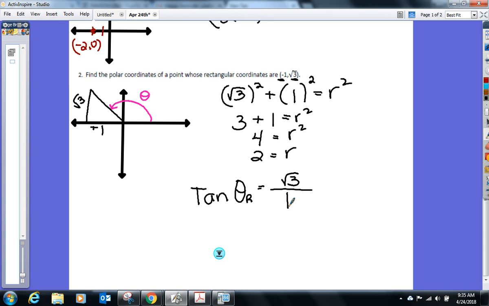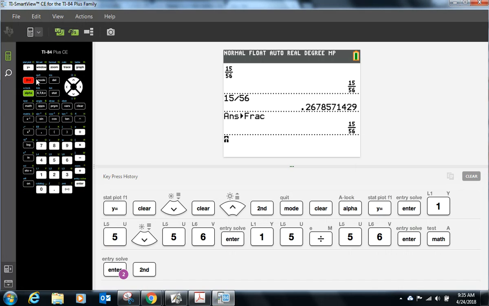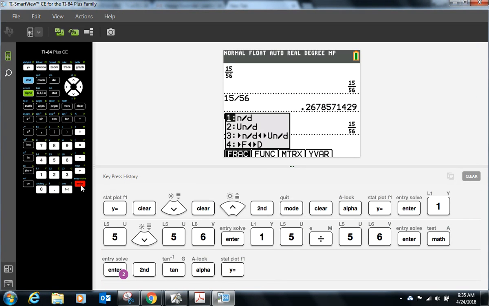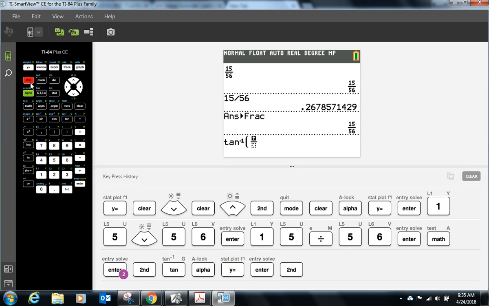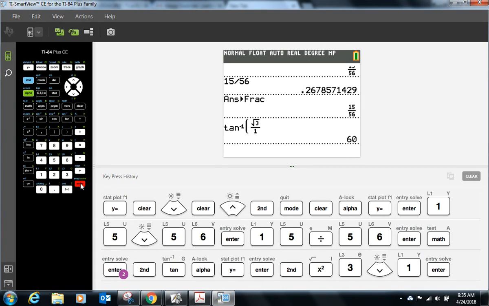Yes, inverse tangent, second inverse. So inverse tangent, radical 3 over 1. So get my good old fraction template, or you can just put radical 3, it's up to you. Radical 3 over 1. The reference angle is 60.